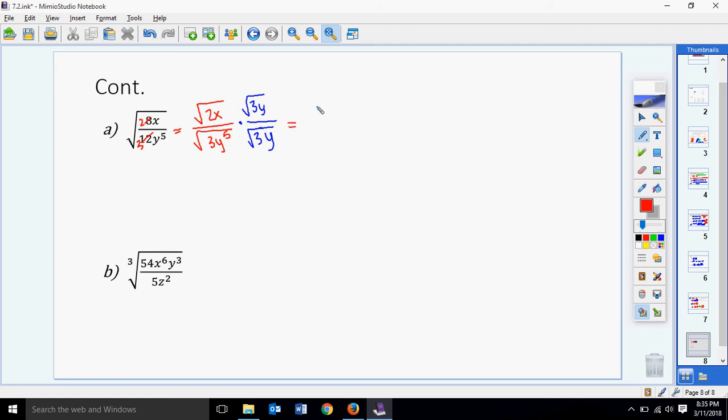When I do that, I'm going to multiply my numbers together since they're both underneath a square root. So I get 6 and x times a y in the top. Down below, they're both under the square root, so I can multiply numbers. 3 times 3 would be 9. Y to the 5th times y to the 1st would be y to the 6th.